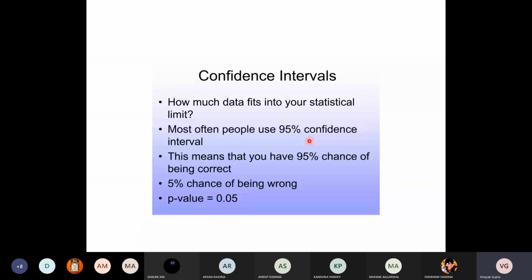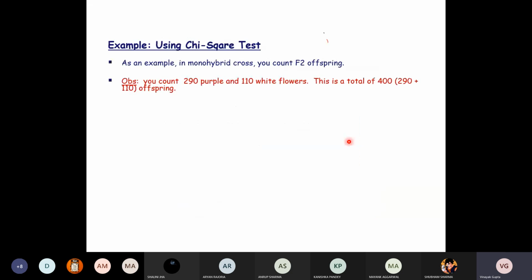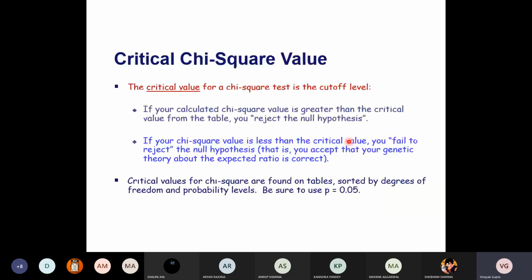This is, like I can say, the international rule that all the researchers follow, that we have to maintain the confidence interval at 95%. So, sir, the critical value will always be under the 0.05, right? Yes, in this table you have to always look under the 0.05 corresponding to your degree of freedom.